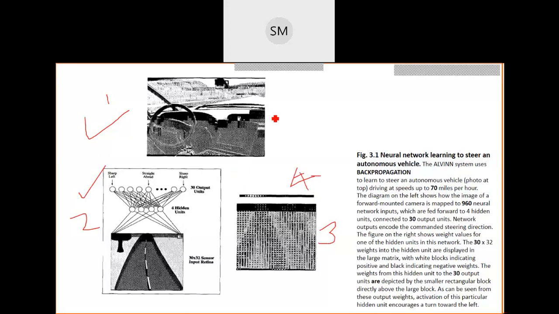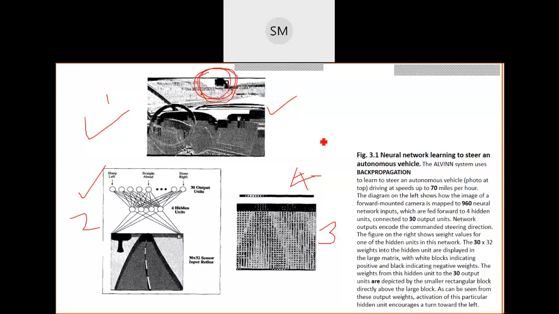See, this first part is just given for your idea of how the dashboard looks from the inside of our car. This is your steering, which is on the left side of the car, which is a foreign car, and here the camera is there. The textbook diagram is somewhat black and white.